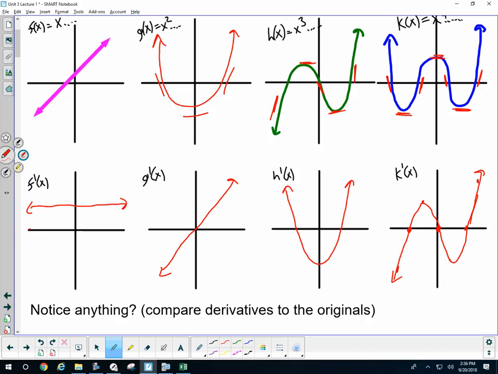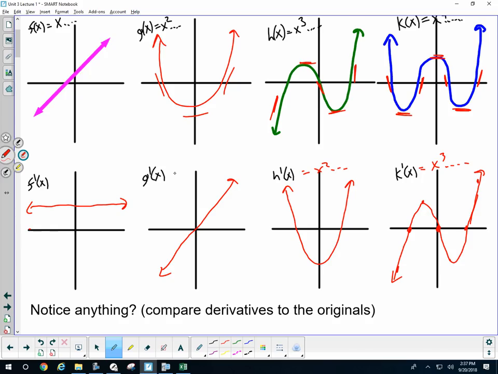Each of these equations of the tangent slopes to the original function is a degree less than the previous function. If I have an x to the fourth polynomial function, its tangent slopes end up being some x to the third. Is it exactly x to the third? I don't know. I just know it looks like an x to the third. If I start out with some x to the third, I'll have some x squared.